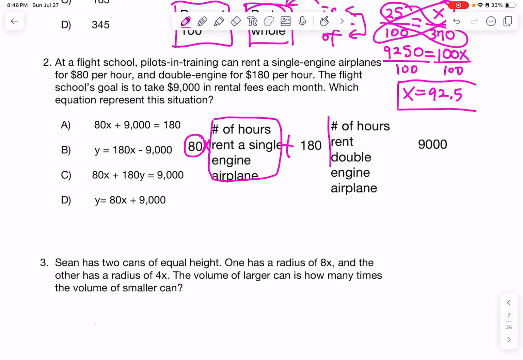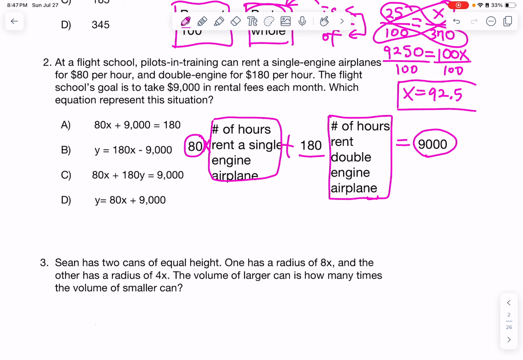So we replace it with some variable, and the price per hour for double engine will be $180. You multiply together to get the total cost to rent.